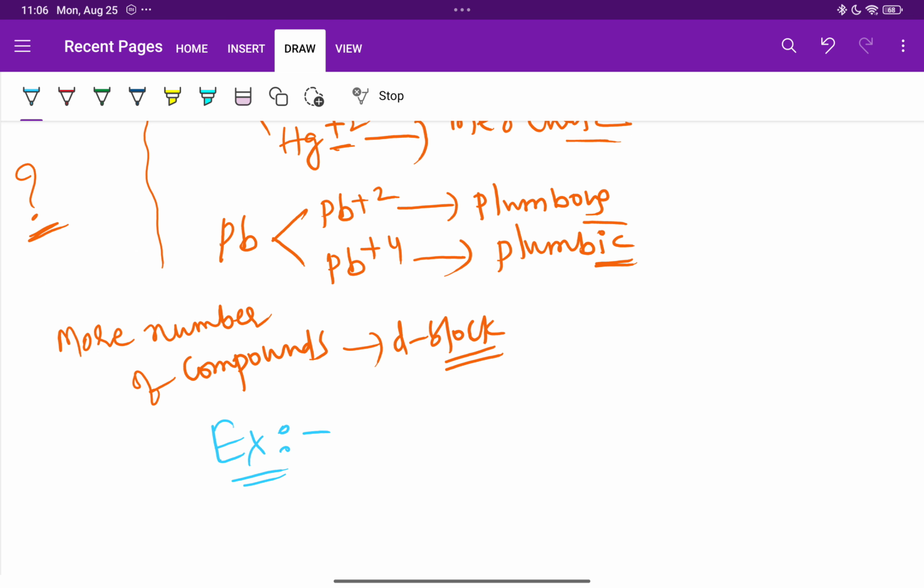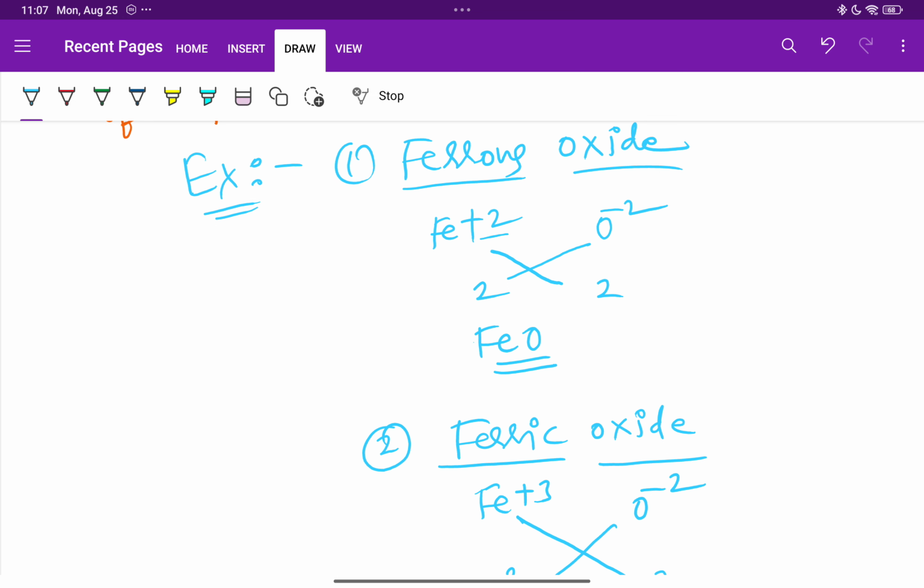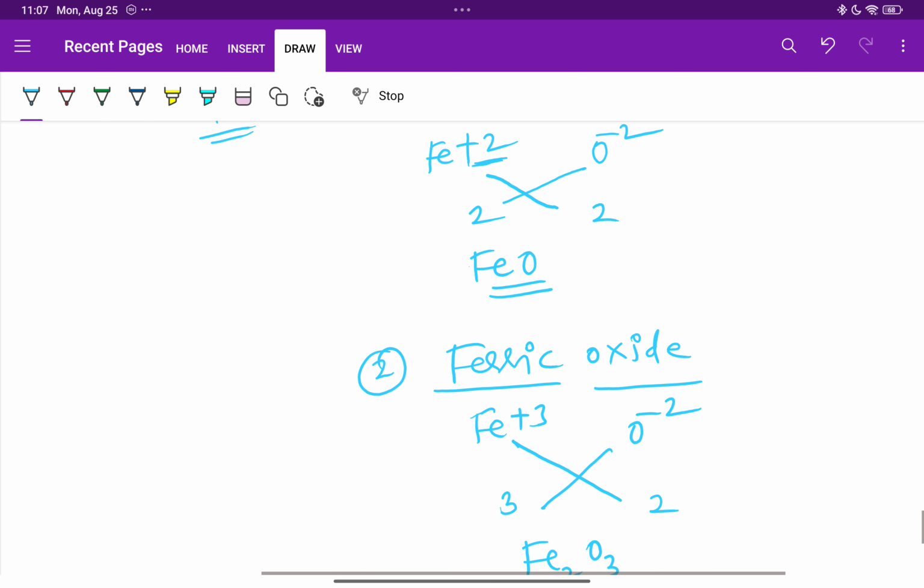Ferric, Fe +3, oxide O -2. So +3, 3, -2, 2, interchange the charges, Fe2O3. This is called ferric oxide. So iron shows two different positive charges, +2 and +3. That is why iron forms two different compounds, ferrous oxide and ferric oxide.